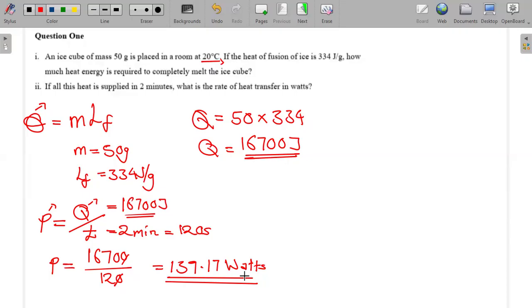So we say our total heat being supplied divided by the total time that it's taken, and we get an answer equal to 139.17 watts. As simple as that. And we are done with this question. Let's move on to the next one.